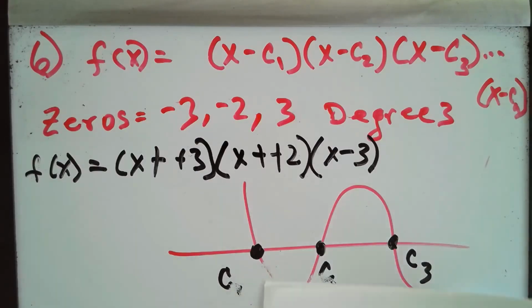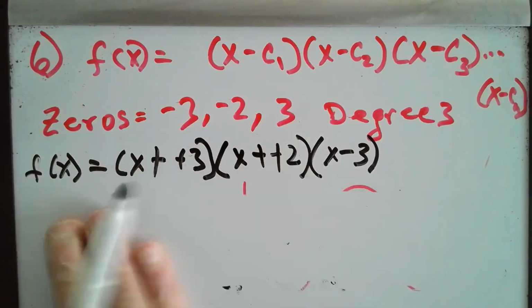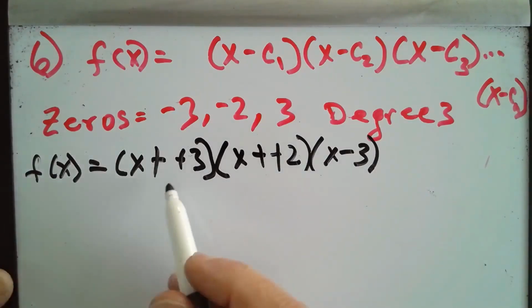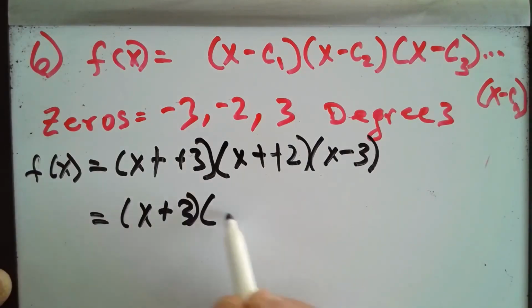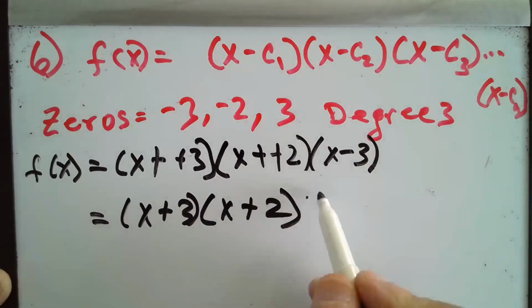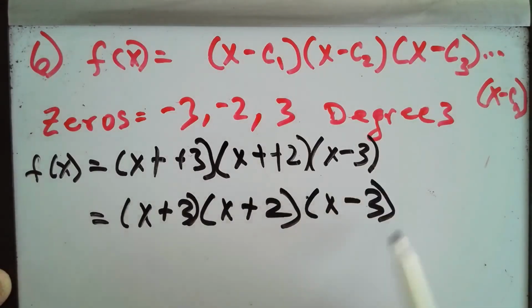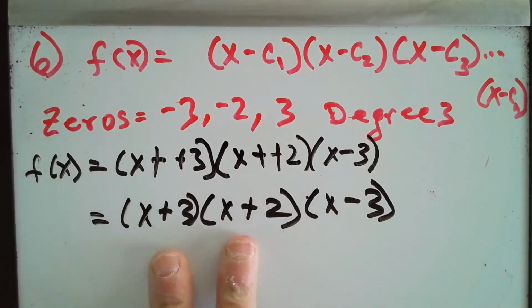Okay, so from here, I'm pretty sure they want us to simplify that. Let me just double check that. Yeah. So this is what we've got: x plus 3, x plus 2, and x minus 3. So we start with the first two and we FOIL it.